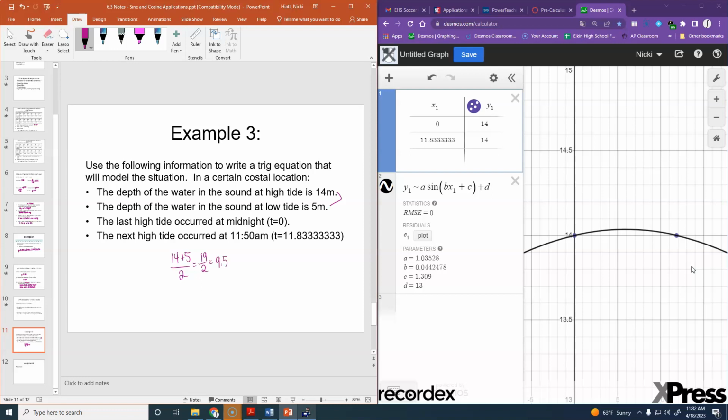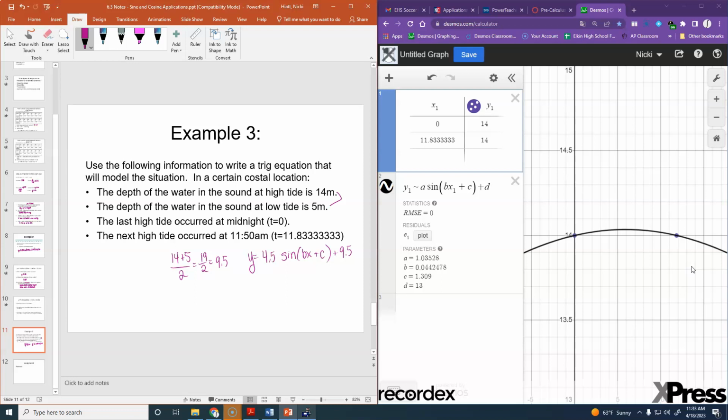So that is your midline. So you've got y equals something sine bx plus c plus 9.5. The amplitude would be your distance from that midline to the highest point. So from 9.5 to 14, that would be 4.5.